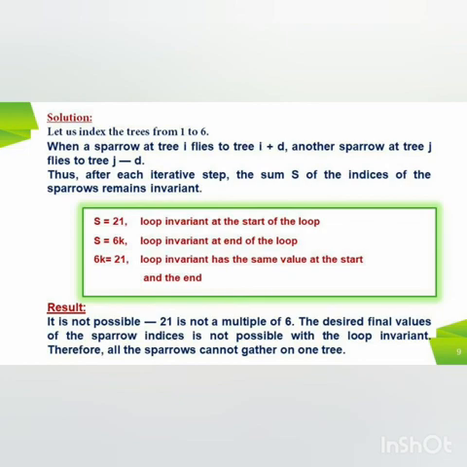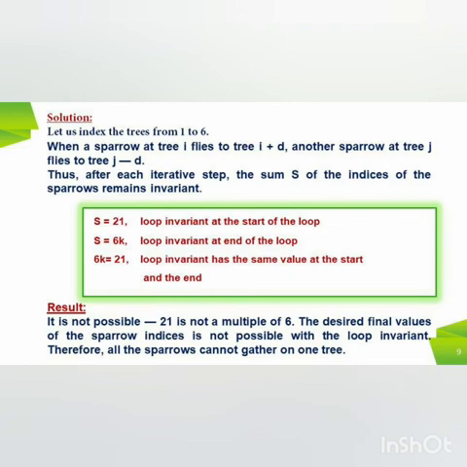So if I substitute 1 for k, 6 into 1 is 6. It is not 21. Then if I substitute 4 for k, then 6 into 4 is 24. That is not 21. So there is no possibility to reach 21 here because 21 is not a multiple of 6. So 6k is equal to 21 is not at all possible.